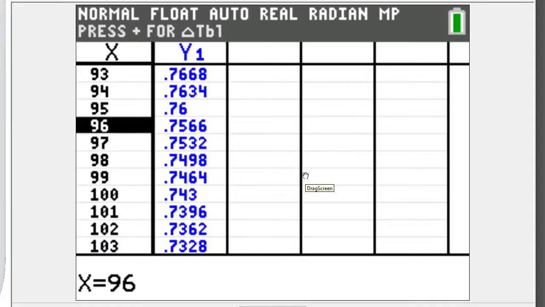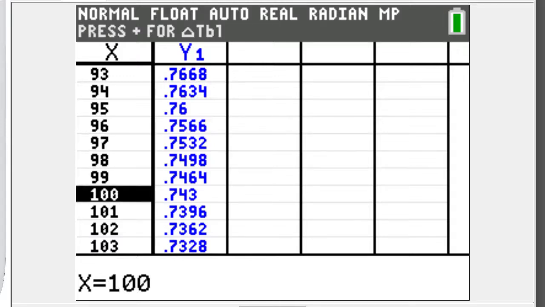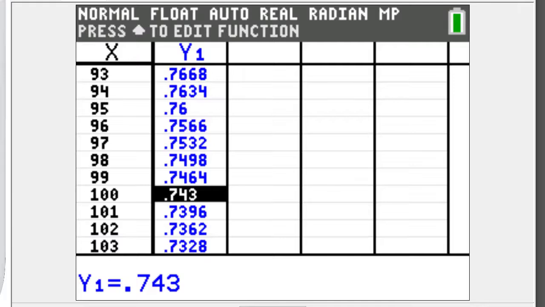At the same time, back to the TI-84 calculator. Then we can continue scrolling down in the x column until x equals 100. And the corresponding entry to the right hand side, y1, the y value, has to be 0.743.